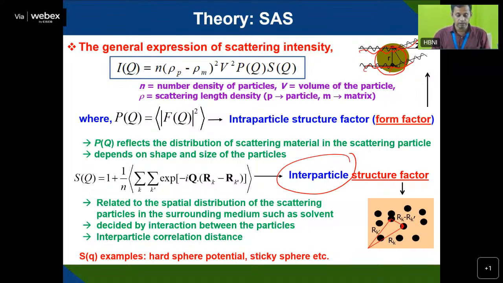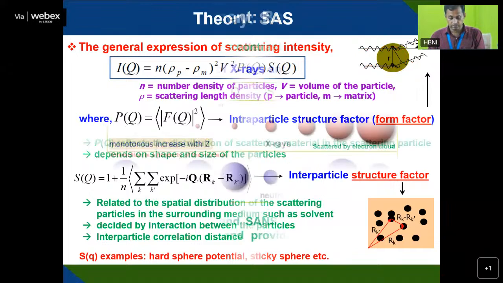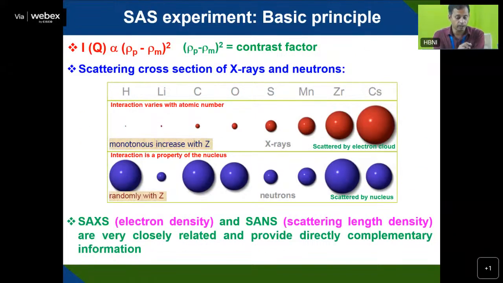Overall, the intensity is expressed in terms of form factor, which is intraparticle, and structure factor, which is interparticle.